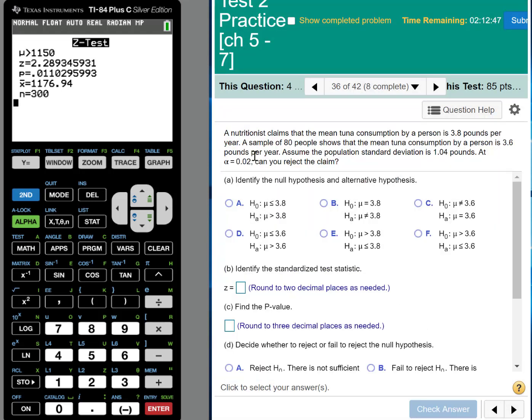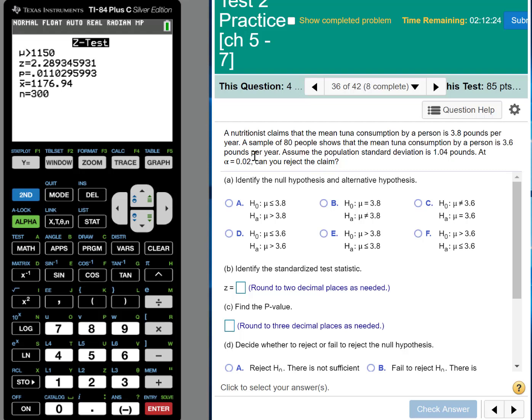A nutritionist claims that the mean tuna consumption by a person is 3.8 pounds per year. A sample of 80 people shows that the mean tuna consumption by a person is 3.6 pounds per year. So N is 80, X bar is 3.6. Assume that the population standard deviation is 1.04. So he gives you sigma, guys. At alpha equals 2%, can you reject the claim?